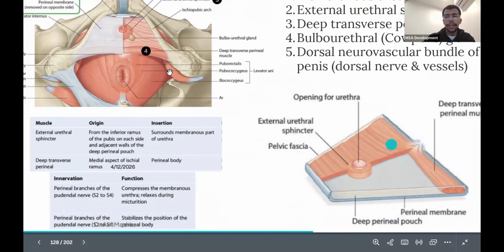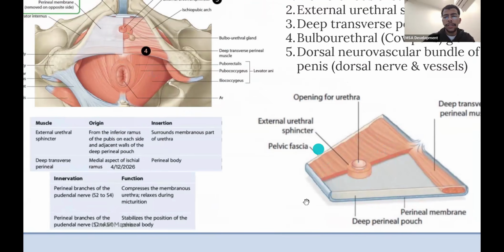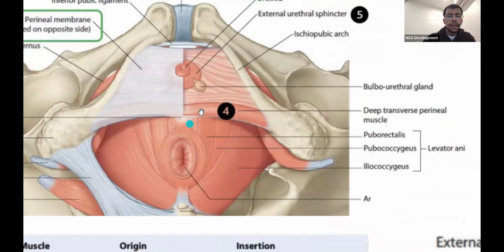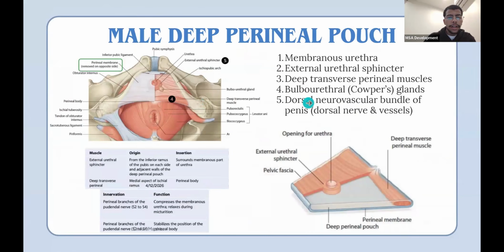This is peeled from this picture and it's placed here outside, just so that you guys know what's going on. And we mentioned also our Cowper's gland or the bulbourethral gland over here. And these are the contents of the deep perineal pouch. Okay, these tables here are just for completion's sake. Read them.